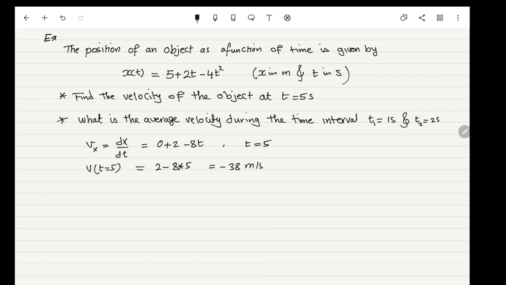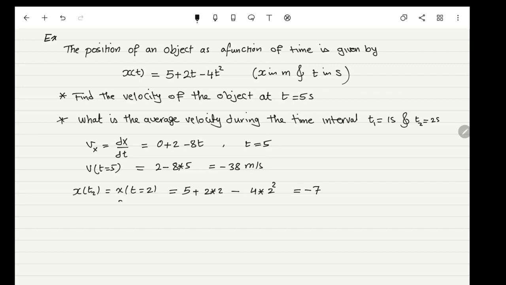Now, to find the average velocity, we need to find the position at t equal to 1 second and the position at t equal to 2 seconds. So x at t2, equal to x when t equal to 2, equal to 5 + 2 multiplied by 2 - 4 multiplied by 2 squared, which equal to -7.